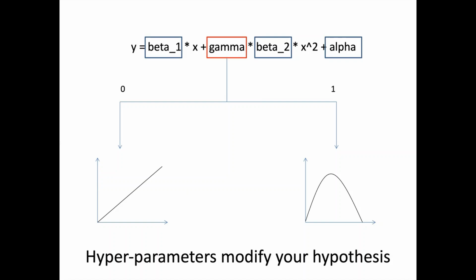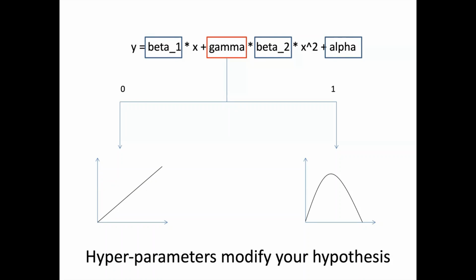For instance, if in this case you give gamma the value of 0, your functional form will be reduced to a simple line because the second term of the form will just disappear. But if you give gamma 1 or another number different from 0, you will have a parabola as the functional form.